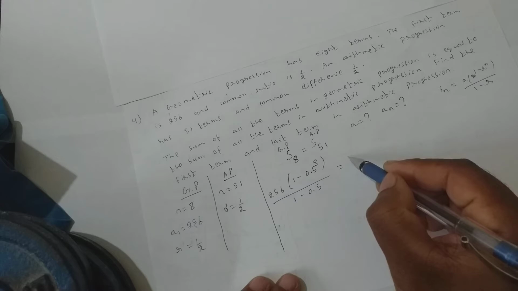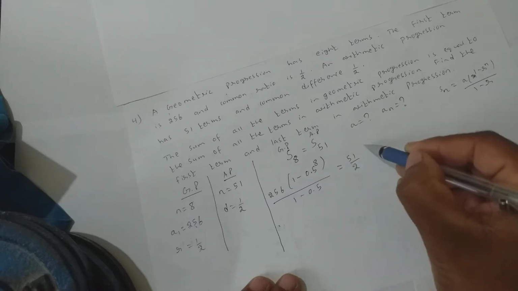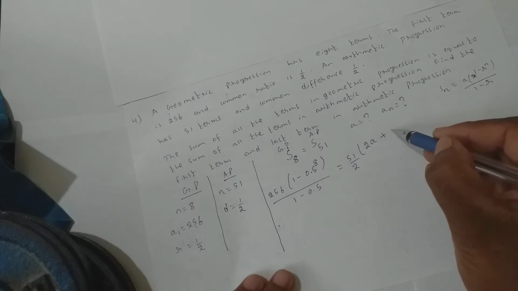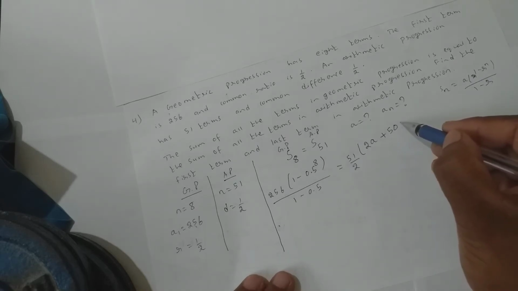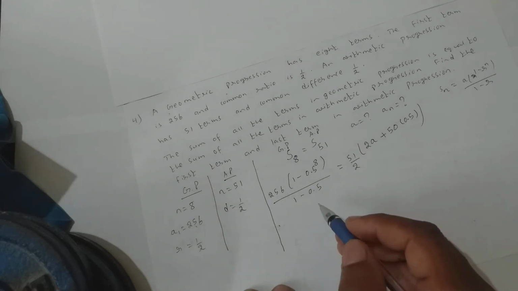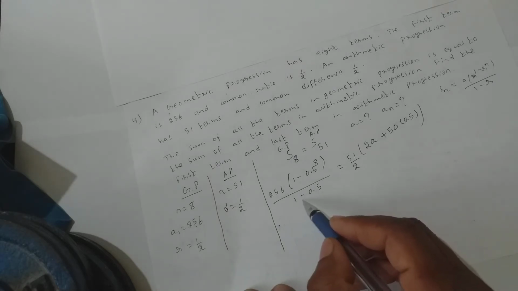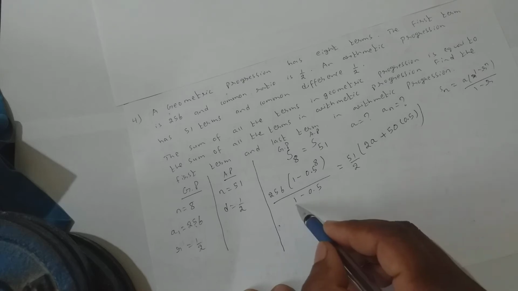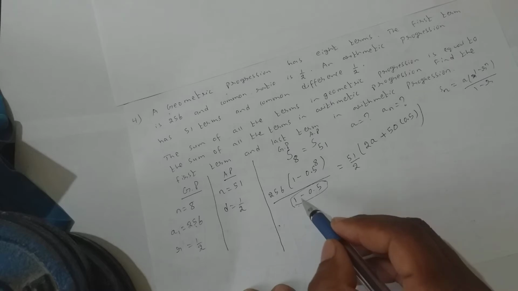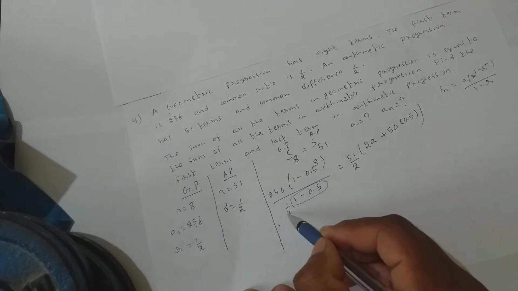S51 in AP is n by 2, 51 by 2 into 2A, I don't know A here, plus n minus 1, n is 51, so 51 minus 1 is 50, and d is half, so 0.5. Here, 1 minus 0.5 is 0.5, and 0.5 is nothing but 1 by 2. 2 will go up.